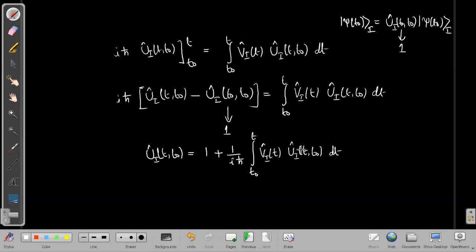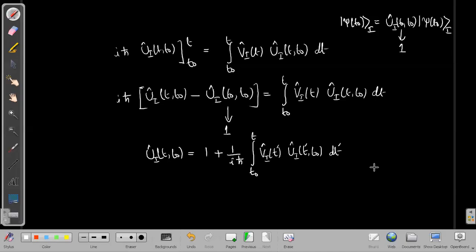You have to note that this is not a solution, because if you carefully look at this equation, we have U_I on the right side as well. So this is not a solution for U_I. It is only an integral equation. To avoid confusion, since dt is an integration variable and t is also in the limit, I can put a prime on the integration variable, using t prime instead of t.